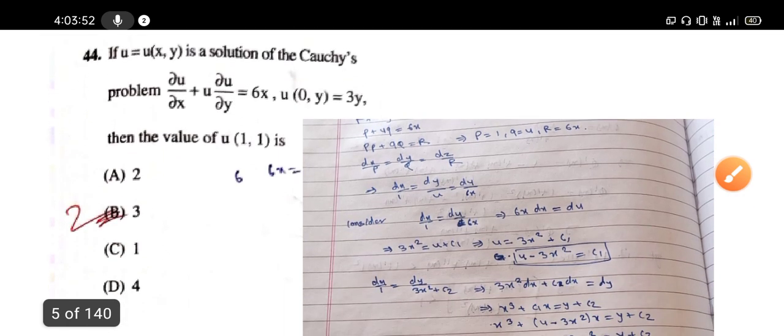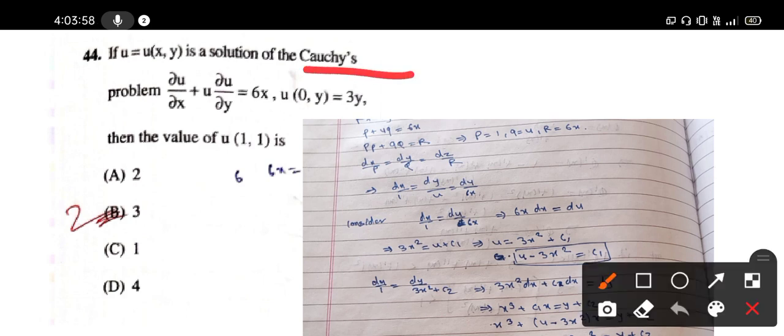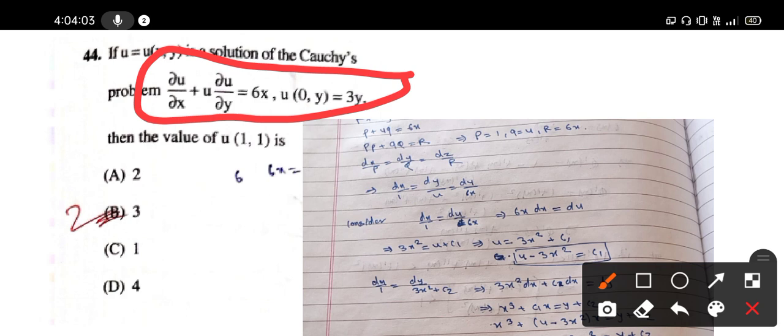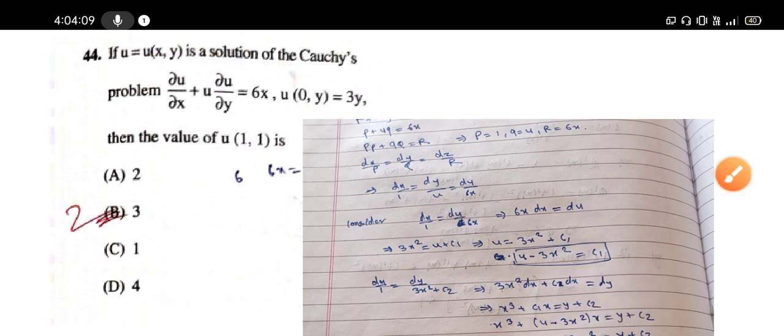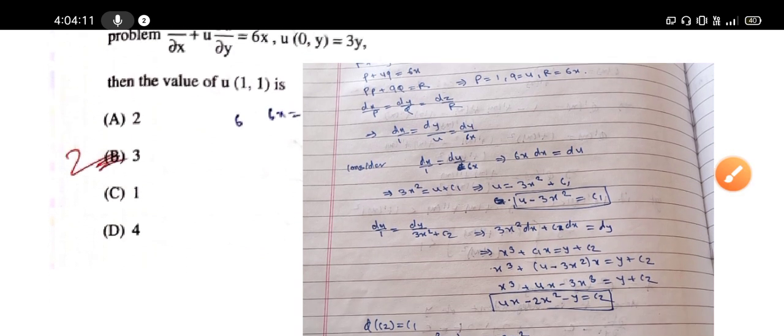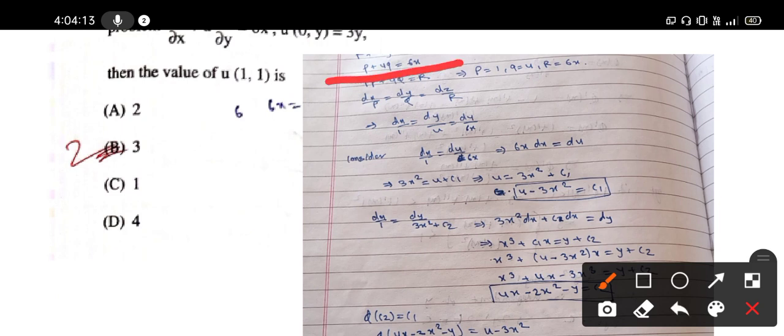Next question. If u equal to u of x, y is a solution of the Cauchy problem, what is the problem given? Dou u by dou x plus u dou u by dou y is equal to 6x, with u of 0, y equal to 3y as the condition. Then find the value of u. Here p plus 4q is equal to 6x.